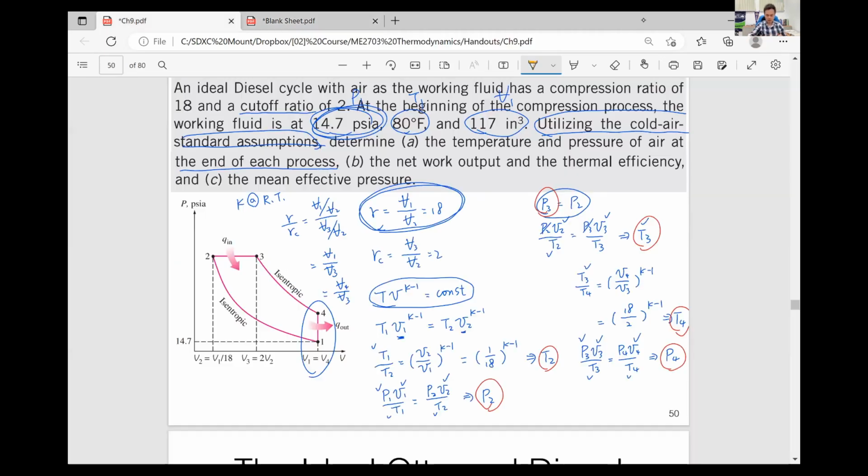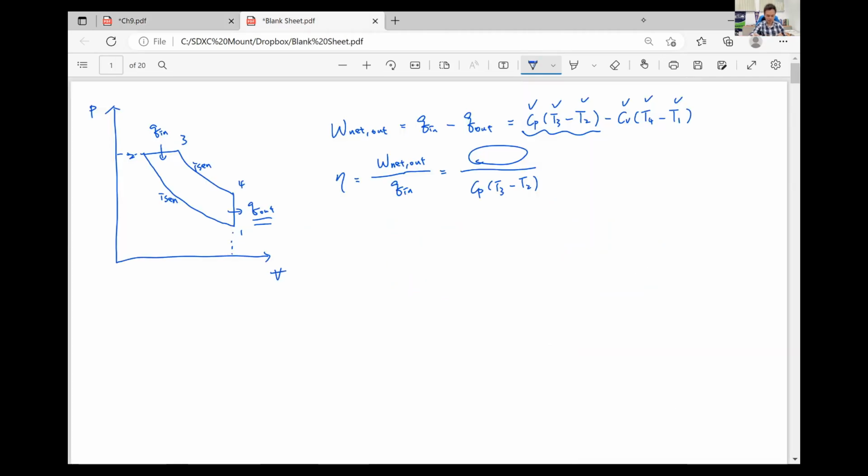Then finally, we are looking for the mean effective pressure, okay. Mean effective pressure is defined by the net work output over the displacement volume, right? Which is V1 minus V2. So this is MEP times V1 minus V2.